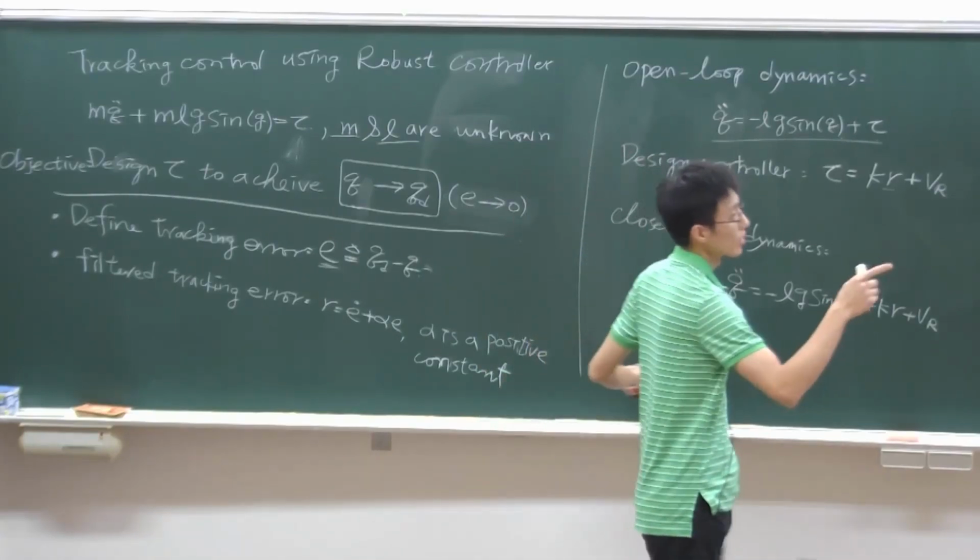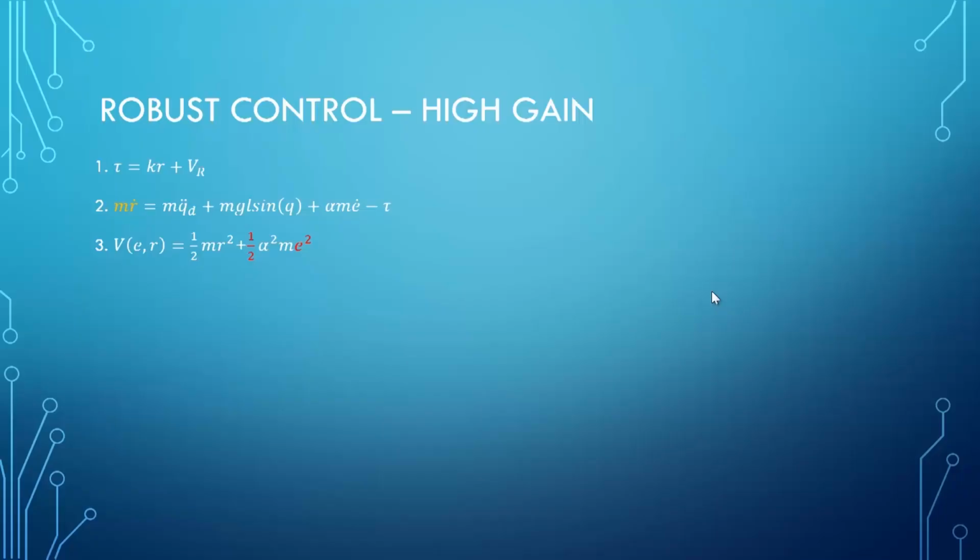So that's why we design this Lyapunov function. The next step is to take the time derivative of the above function. And here you will see the time derivative of the signals, right?